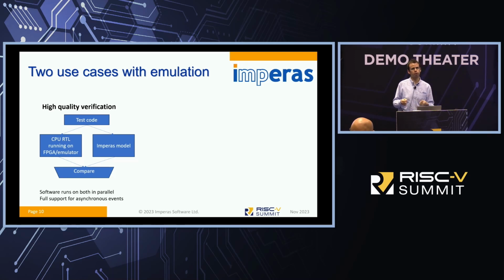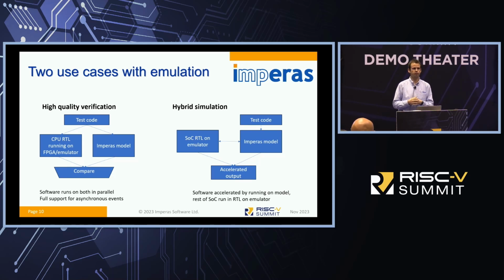If you want to do debug or interrupts, you can do that and achieve high quality verification. But there's another use case with emulators: if you're building an SoC and you've already got your core verified, but you want to simulate your SoC faster, you can replace the core with a model and then put the rest of the RTL around that, and you get faster simulation to prove the rest of your SoC design.